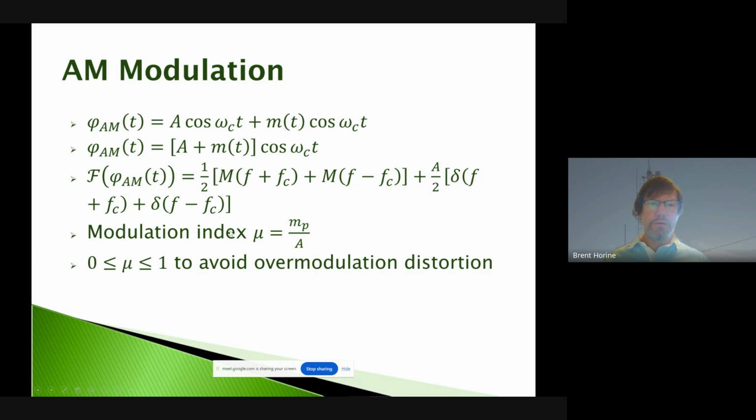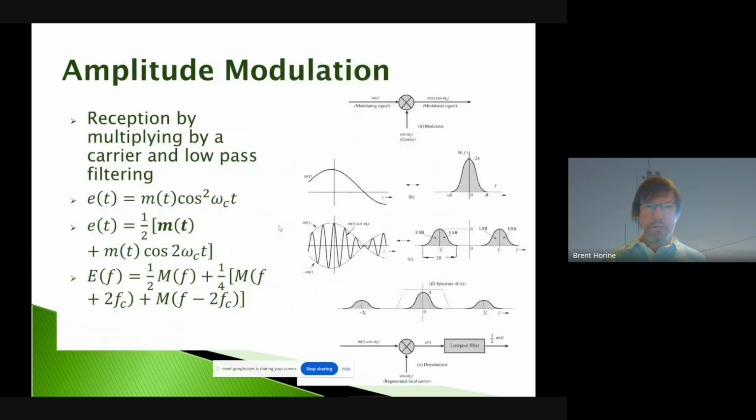So we're going to define a modulation index mu, which is the peak amplitude of the modulating signal divided by the amplitude of the carrier. As it turns out, we're not going to go into detail for the sake of time, but this needs to be less than 1. If it goes over 1, it ends up being very distorted. This envelope can get clipped, and worse, it can do nasty things in this area.